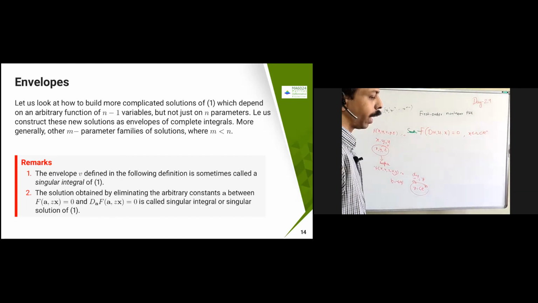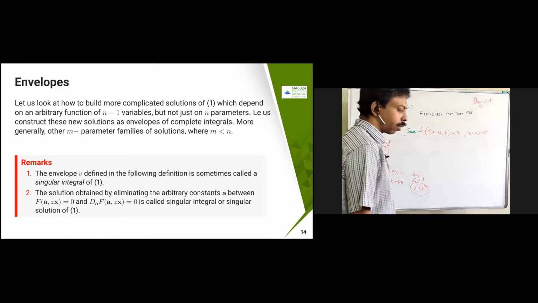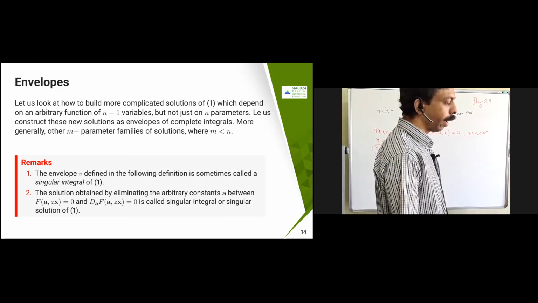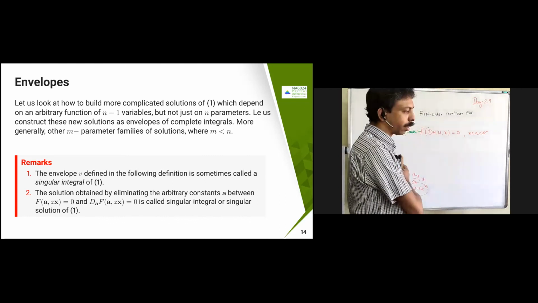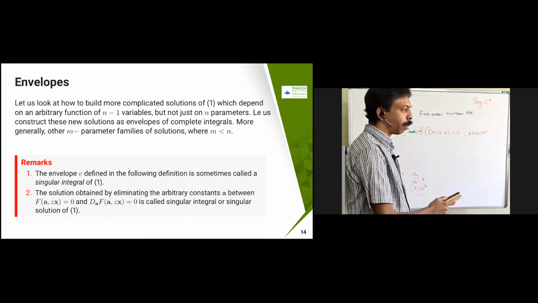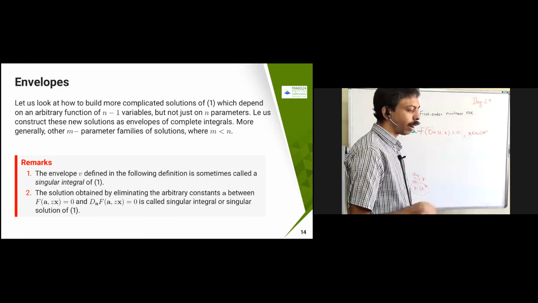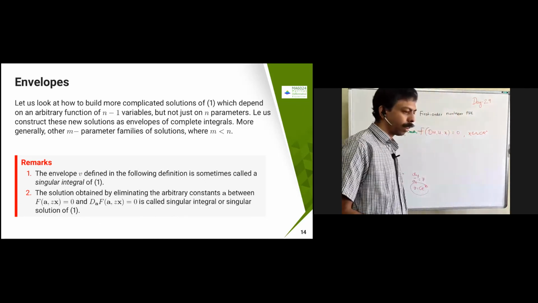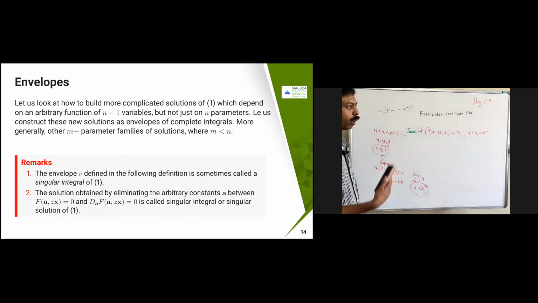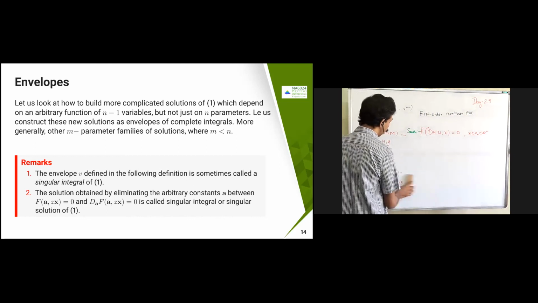So we construct these new solutions. These new solutions are called envelopes of the complete integral. We have complete integrals; in that case, n parameters or n independent variables will come. Whereas in the envelopes, what we are trying to do is find at least n minus 1 variables. If it is less, then we say this is going to be a singular integral or envelope.